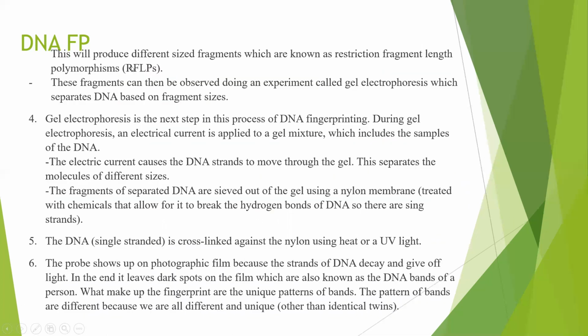This will produce different-sized fragments, which are known as restriction fragment length polymorphisms, RFLPs. These fragments can then be observed in an experiment called gel electrophoresis, which separates DNA based on fragment sizes.